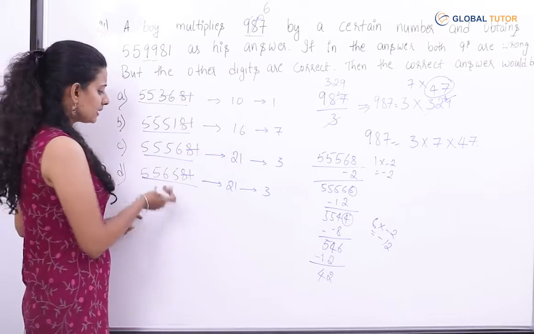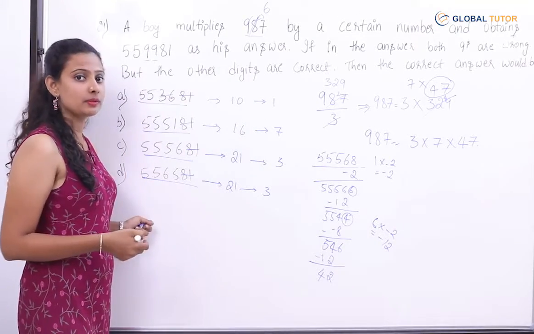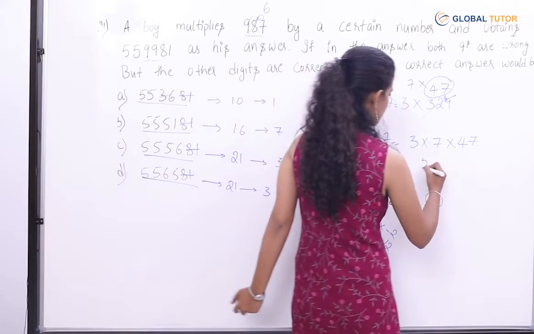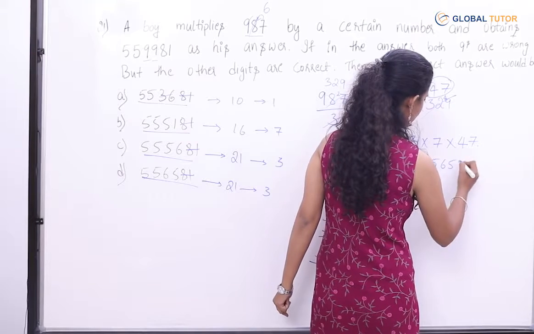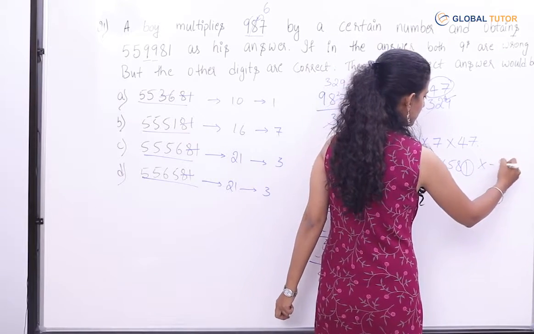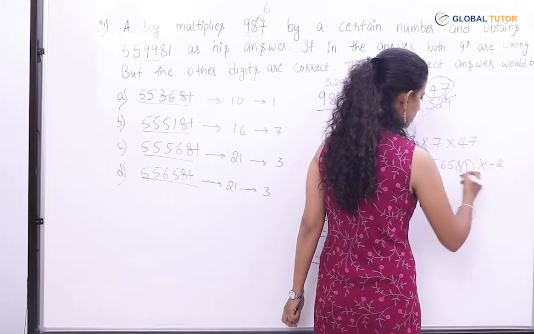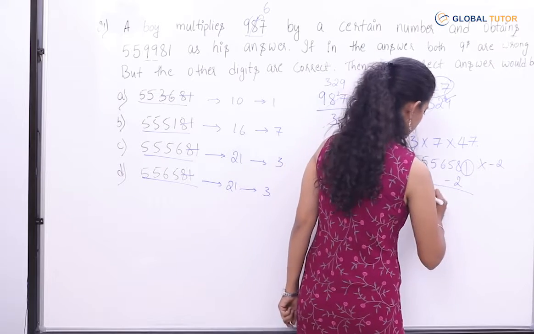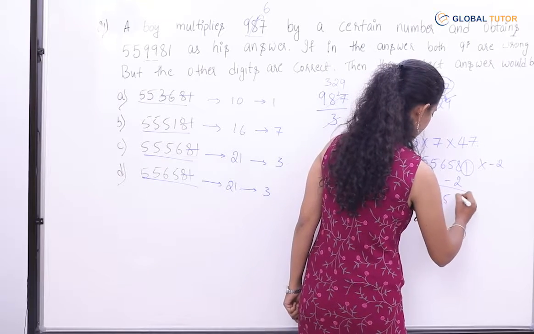Now let us see if option D is also divisible by 7. So it is 556581. Take 1, multiply with the seed number which is -2. So subtract -2 from 55658. So it is 55656.